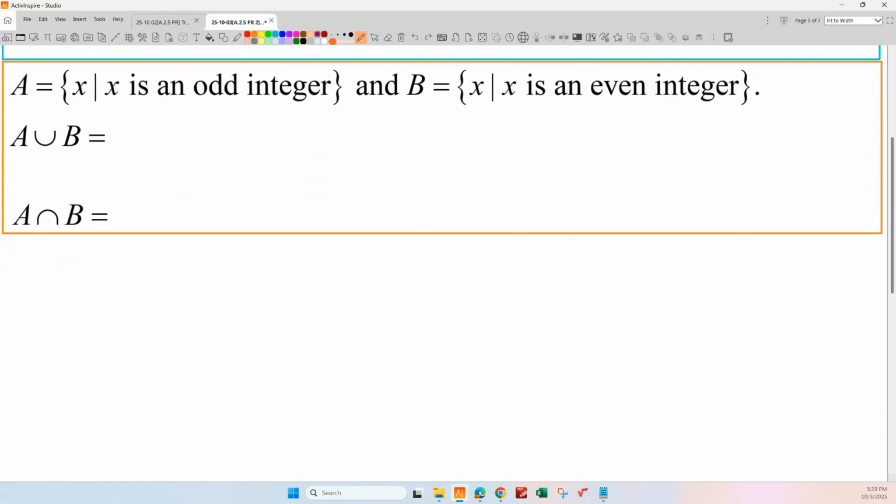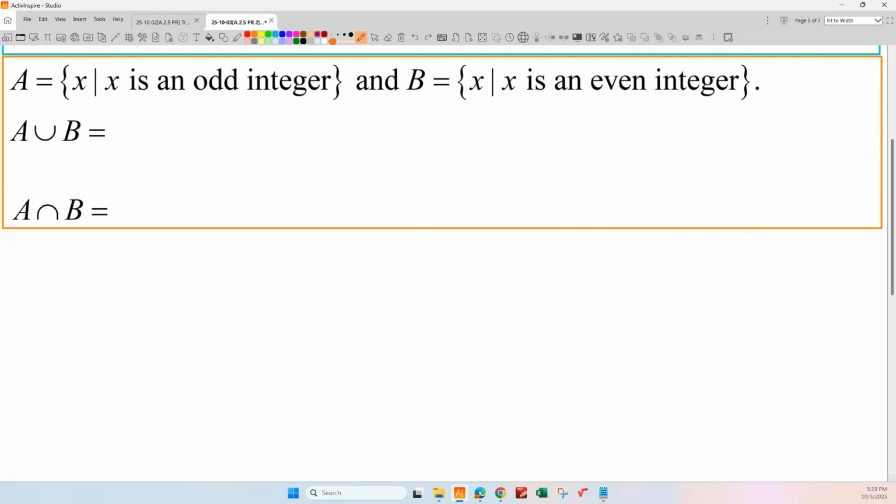How about this guy? A is defined as all the odd integers, the set of all odd integers. B is the set of all even integers. So what's the union of the sets A and B going to be then? Well, what's it going to be? All integers, odd and even, which is every integer, right? That's all there are.